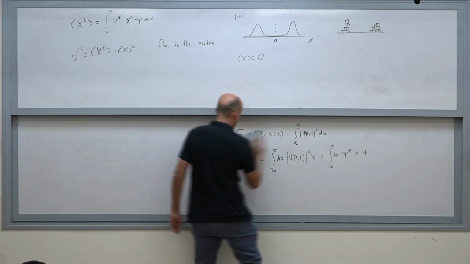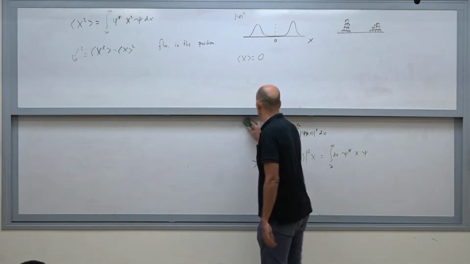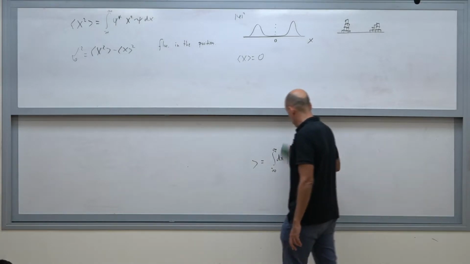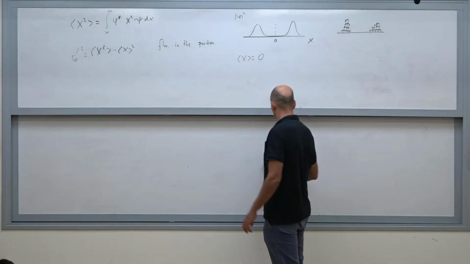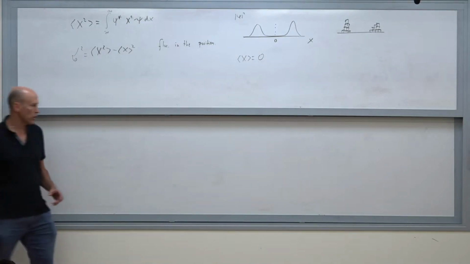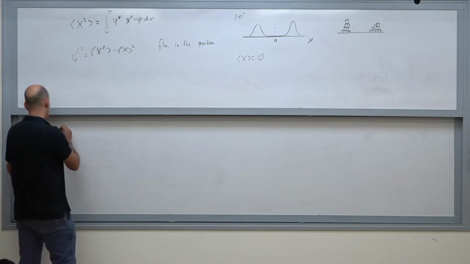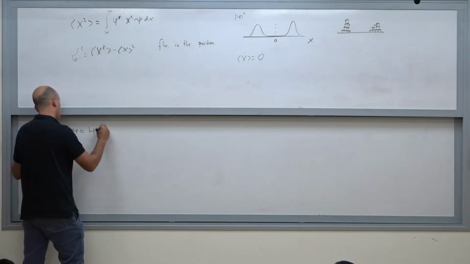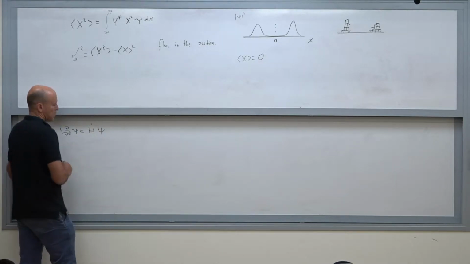So let me briefly remind you, what is the Schrodinger equation in one dimension? The most economic way to write the Schrodinger equation is with the Hamiltonian. So the way I write it is the time derivative of psi equal H psi.